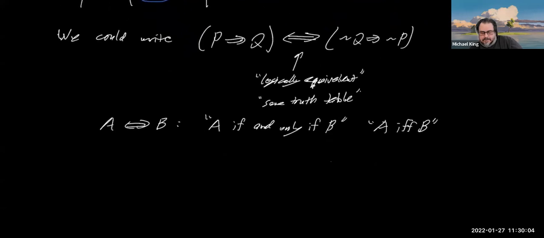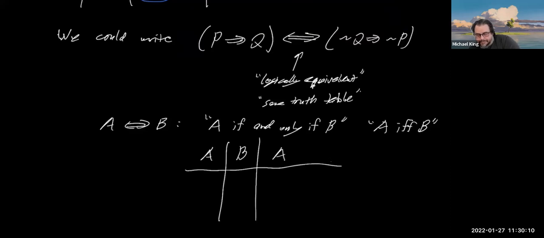And there's even a truth table for that. It's basically true if they're both true or they're both false. True, false, true, false. So that is the truth table for that, because if they agree, it's true.